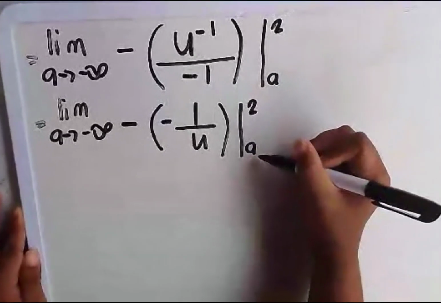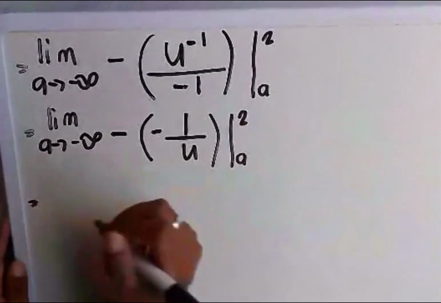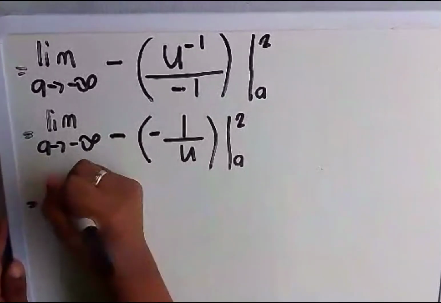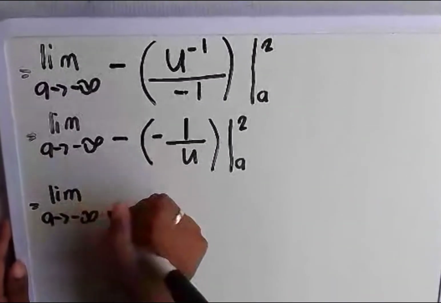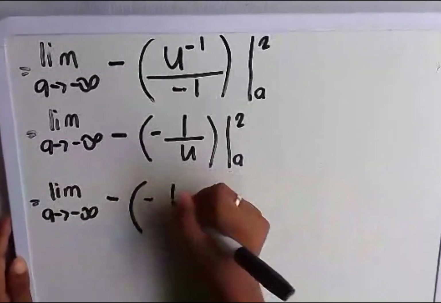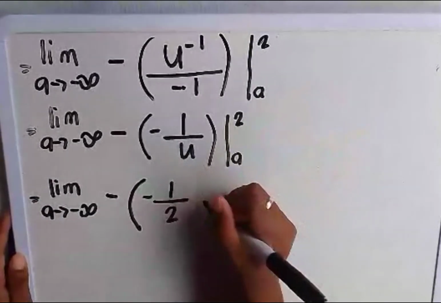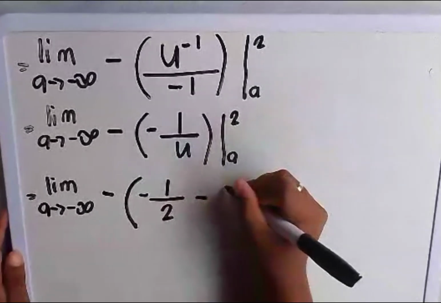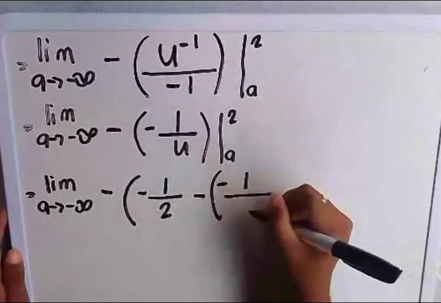And then, let us substitute the given limit. So, we have the limit as a approaches negative infinity, negative times negative 1 over 2, the upper limit, minus negative 1 over a, the lower limit.